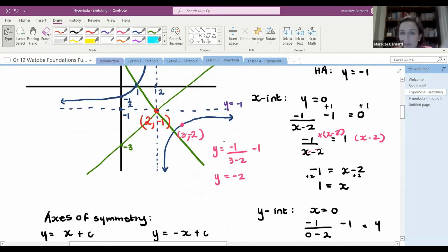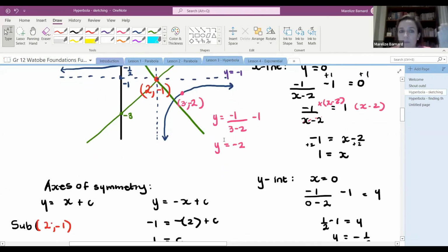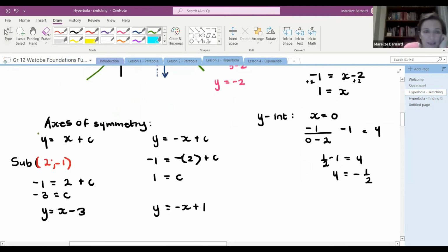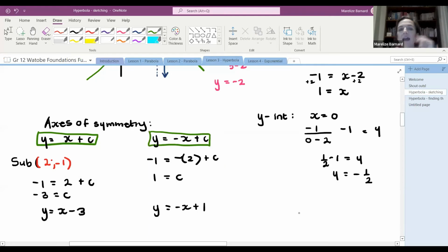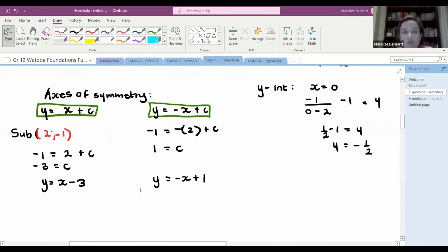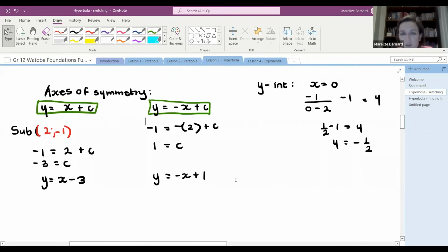And the way to calculate them is always the same. You must know this part here. y is x plus c, y is minus x plus c, and these axes of symmetry always go through the point where the asymptotes intersect. That is the point you sub in to solve for c for both of these equations.